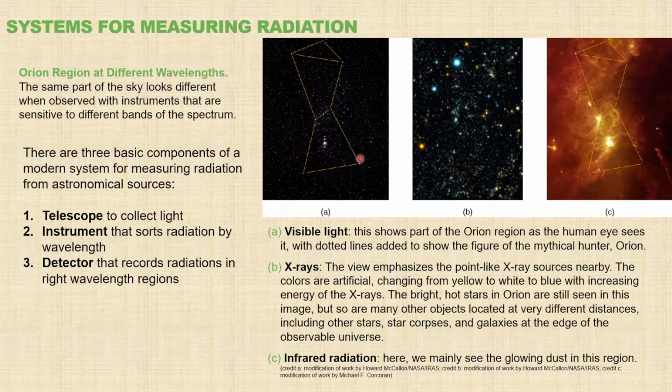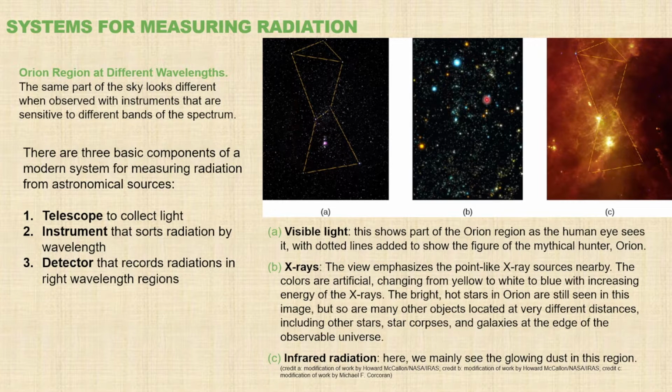We're looking at the Orion region, Orion constellation, and this is the Orion's belt. So by using a visible telescope, this part of the sky, this constellation looks like this.